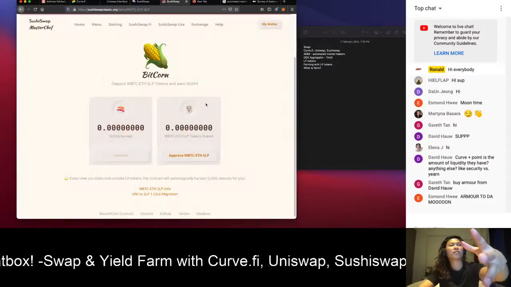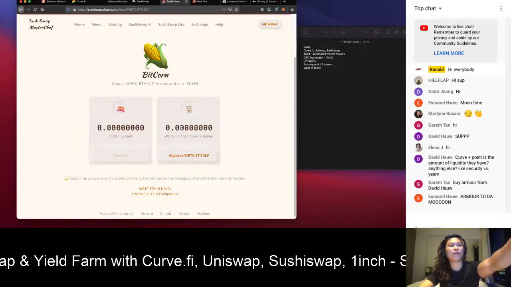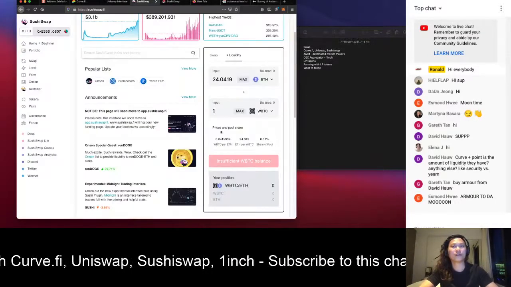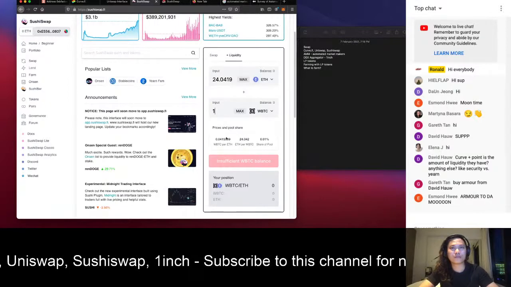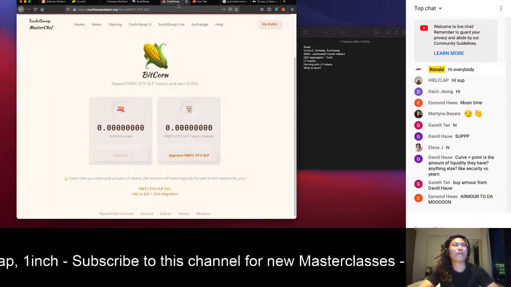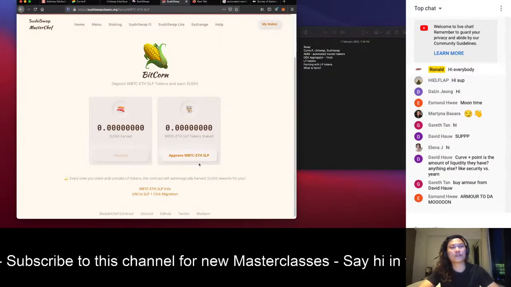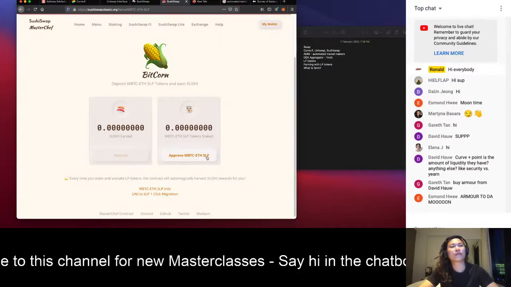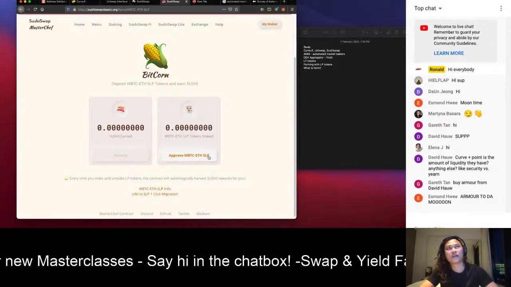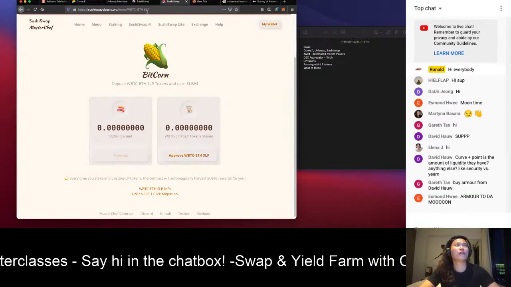The next thing is that you will now have some number over here, because you now have some amount of WBTC and Ethereum. And then you can approve the WBTC Ethereum SLP, which is the Sushi Liquidity Provision receipt. And then you can farm it.